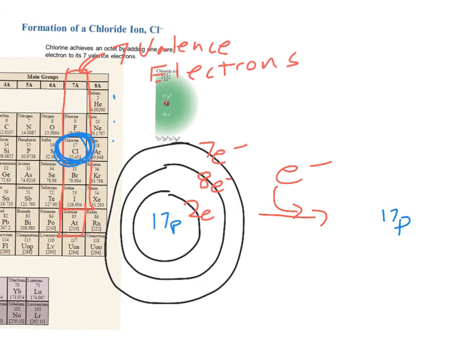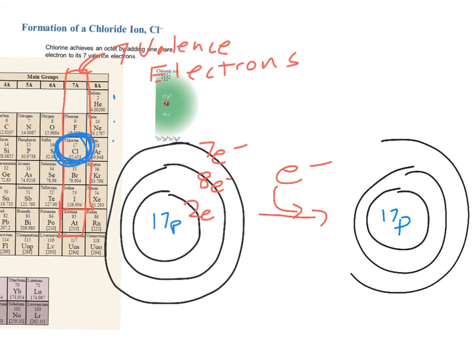And when it does that, that gives it 2 electrons, 8 electrons, and 8 electrons. So it has a complete octet shell, but it throws off its balance.